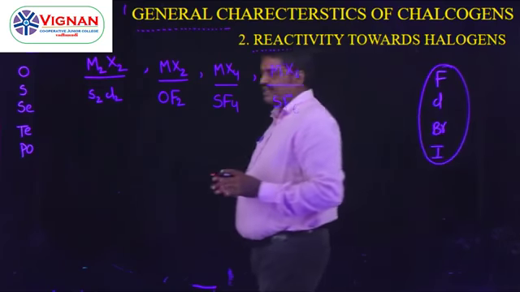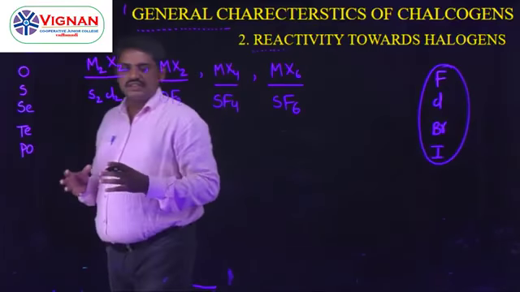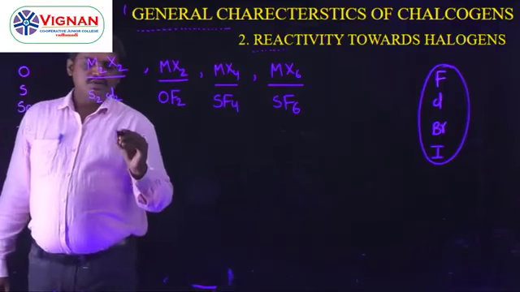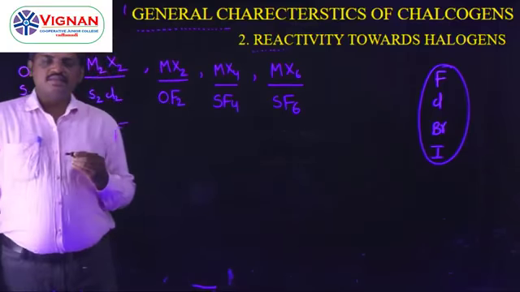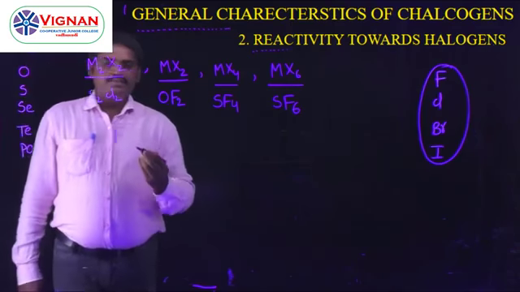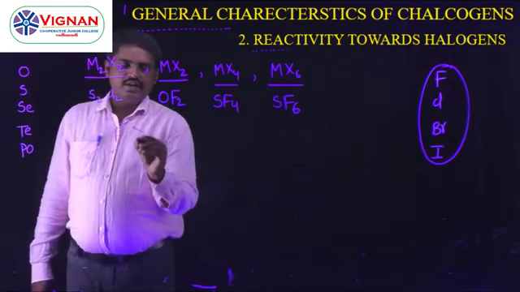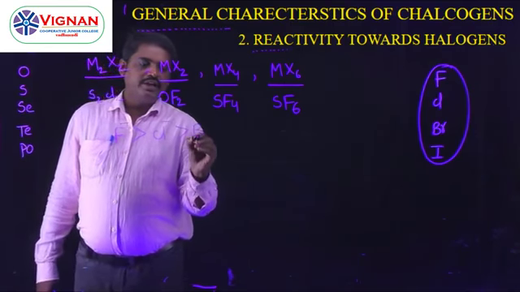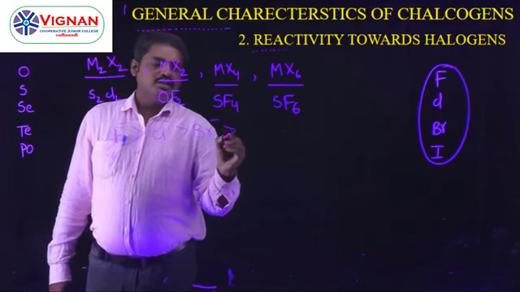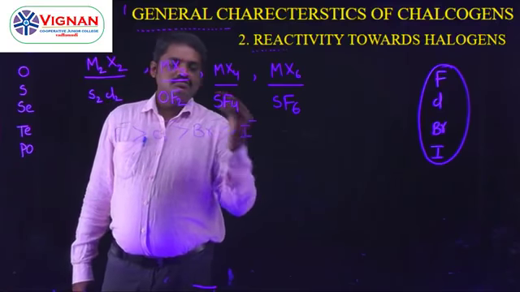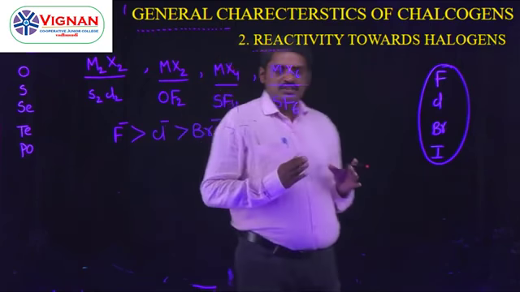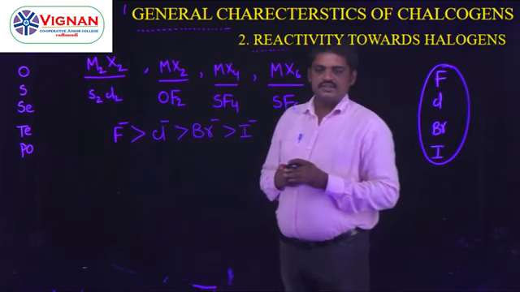The reactivity of halogens for 16th group elements is: first one, fluoride ion is more reactive compared to the others. Fluoride ion, chloride ion, bromide ion and iodide ion. This is the reactivity of halogens for 16th group elements.